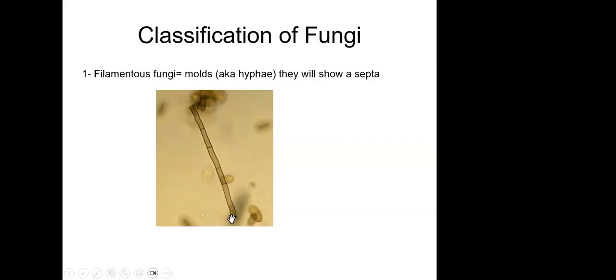It's a little crunchy material, but it's not crunchy enough to nick your blade, because it's so very microscopic. Whenever you see this long fungus with little cross striations, those are called septa. Any time you see septa, it's a given that this is a mold-type filamentous fungus.